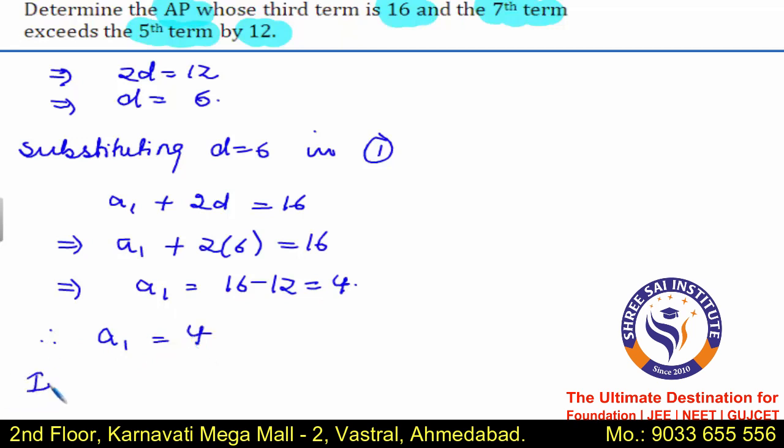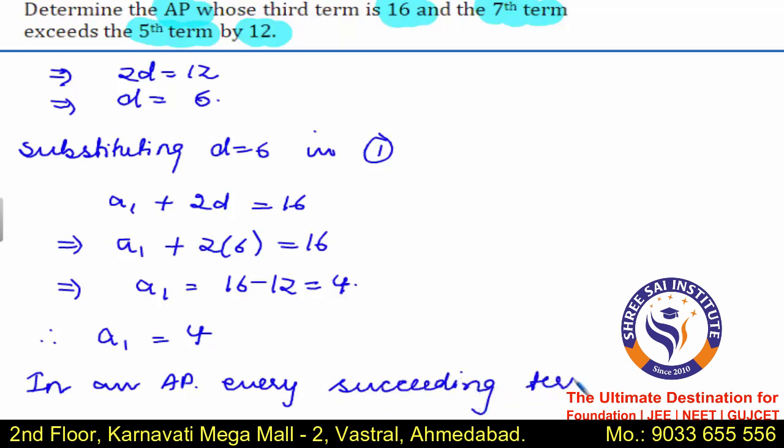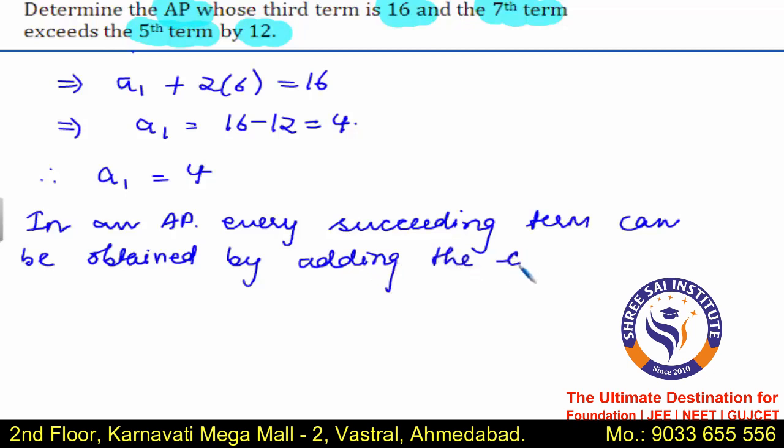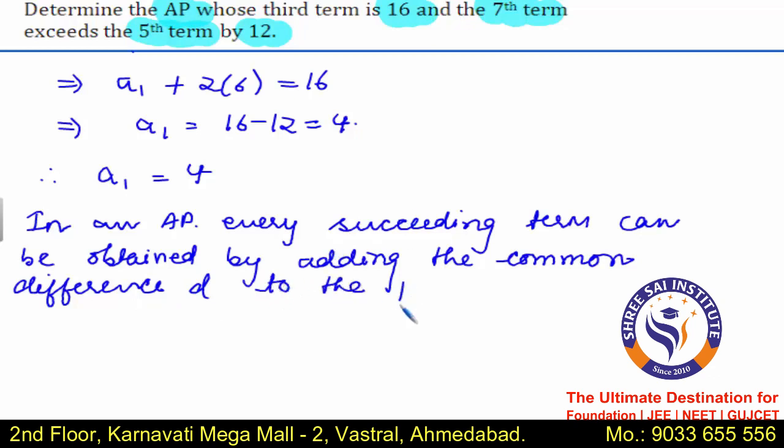Now, we know that in an AP, every succeeding term can be obtained by adding the common difference D to the preceding term.